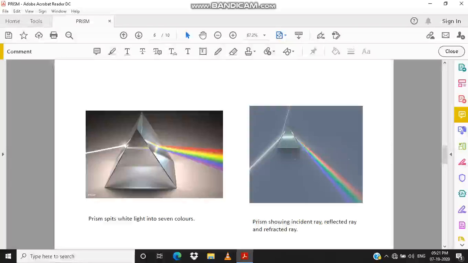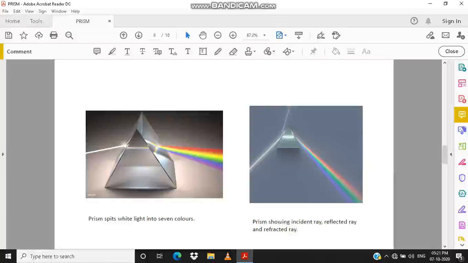Because light travels with a different speed inside a particular medium. The wavelength for different light is different, so we see different colors of light after refraction. This is the main principle of the prism.